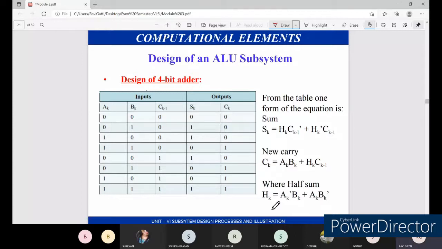This is a 3-bit adder they have given, just for understanding. If you understand this 3-bit adder, then we can easily go for the 4-bit adder. This is a full adder circuit.